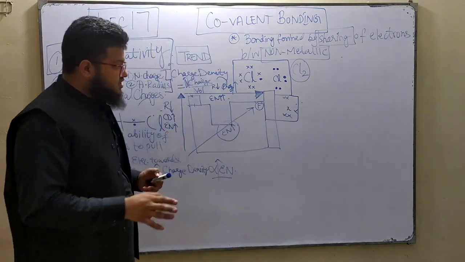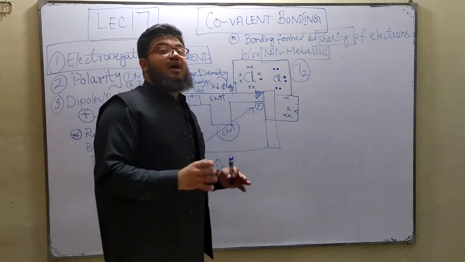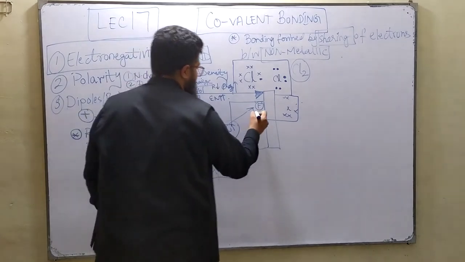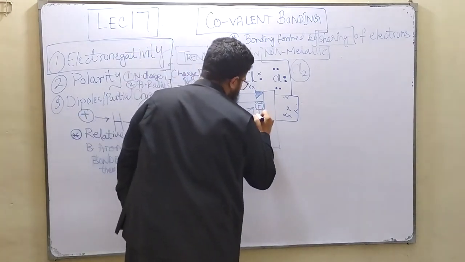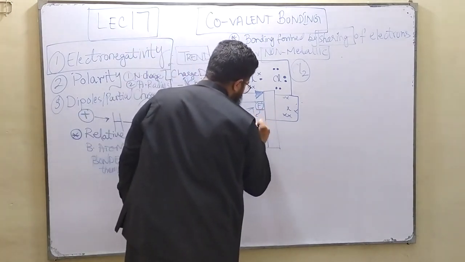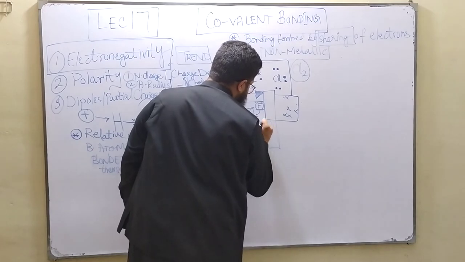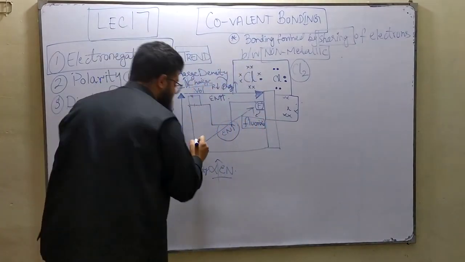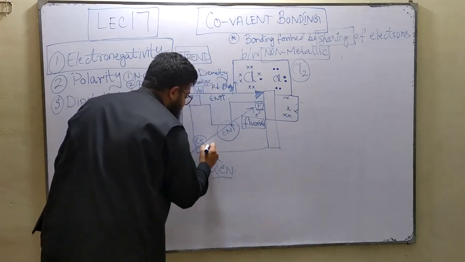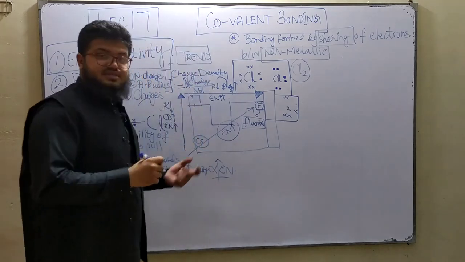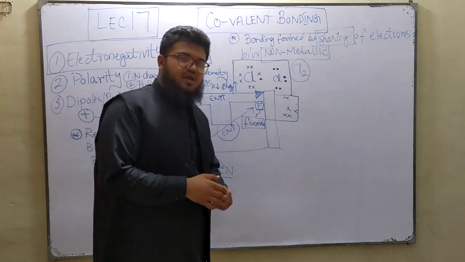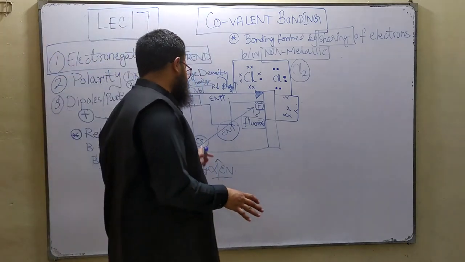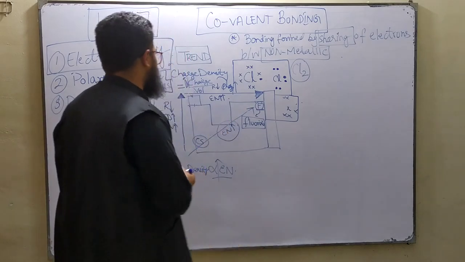So if I were to ask you to tell me the most electronegative element of the periodic table excluding the noble gases, then it's going to be fluorine. Okay, fluorine. This is the most electronegative element of the periodic table. And what's the least electronegative? It's going to be cesium. Cesium of group 1. Okay, not francium because it's radioactive and we do not talk about francium. So cesium to fluorine.